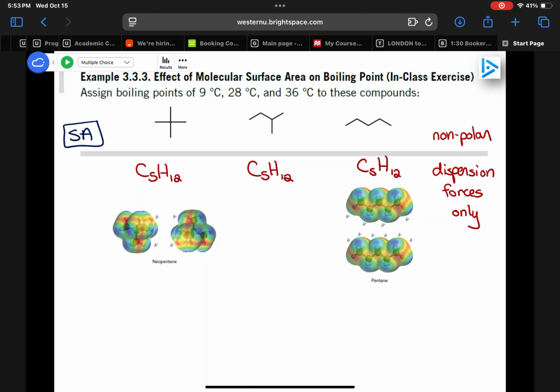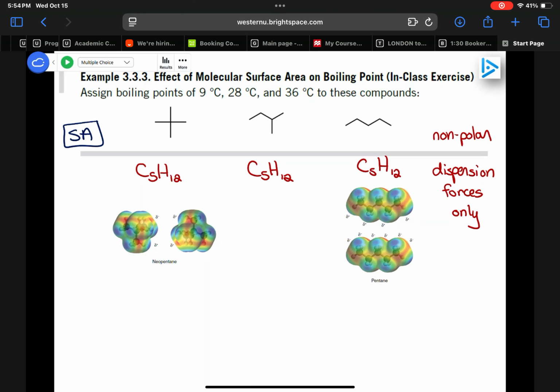On your page, it just looks like an X, but what it actually looks like is this structure. So the central middle carbon has that tetrahedral shape with a methyl group on each one. So they kind of look more like balls or building blocks here.